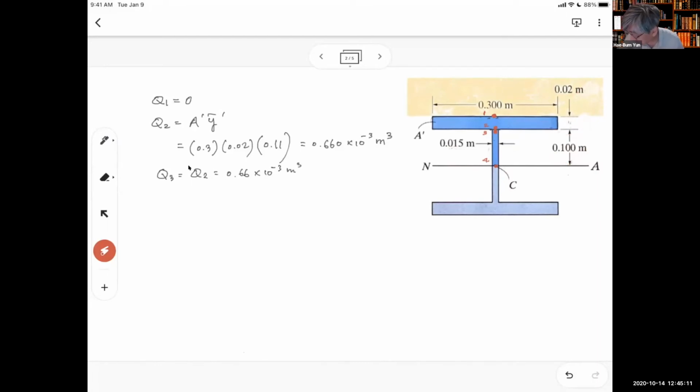And Q3 is the same as Q2, but I put it this way because Q2 and Q3 will be the same, but your t will be different, right? At these 2 points. So I intentionally include that. The rest is Q4. And Q4 is supposed to be maximum.